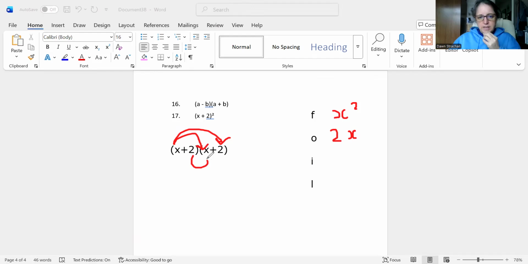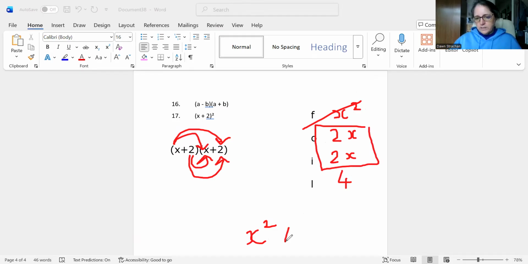And then I've got the inner, so 2 times x, once again gives me 2x. And finally, the last one, 2 times 2, which gives me 4. So this time we're left with x squared. That's that one done. A 2x and another 2x, which gives me 4x. And then we've just got the 4 at the bottom. Okay, so our answer would be x squared plus 4x plus 4.